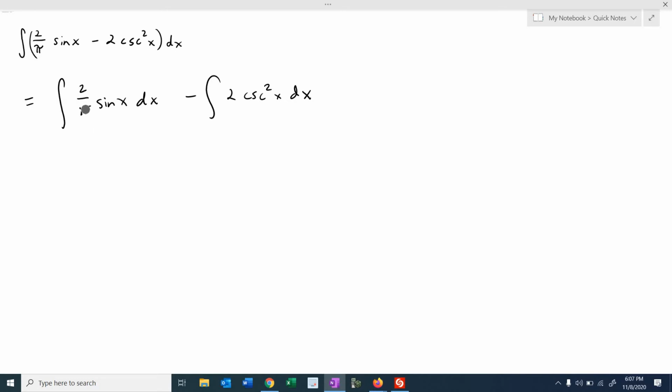And you're also allowed to pull constants outside the antiderivative operator. Now, 2 over pi is actually a constant. Of course, 2 is a constant, and pi is a constant as well. So we can pull this out in front, as well as this 2 here.